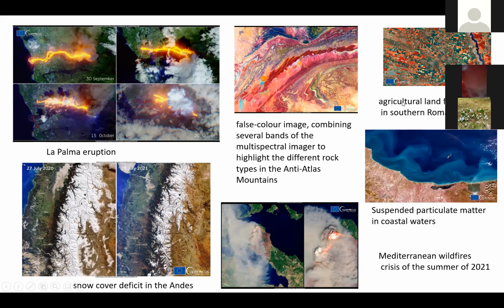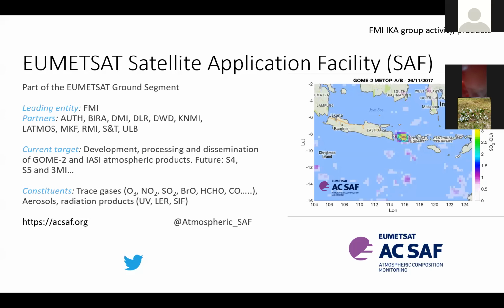Agriculture, suspended particulate matter in coastal waters, Mediterranean wildfires. Most of those products are just images, but we also retrieve aerosols and different gases and look at snow cover with the satellites.